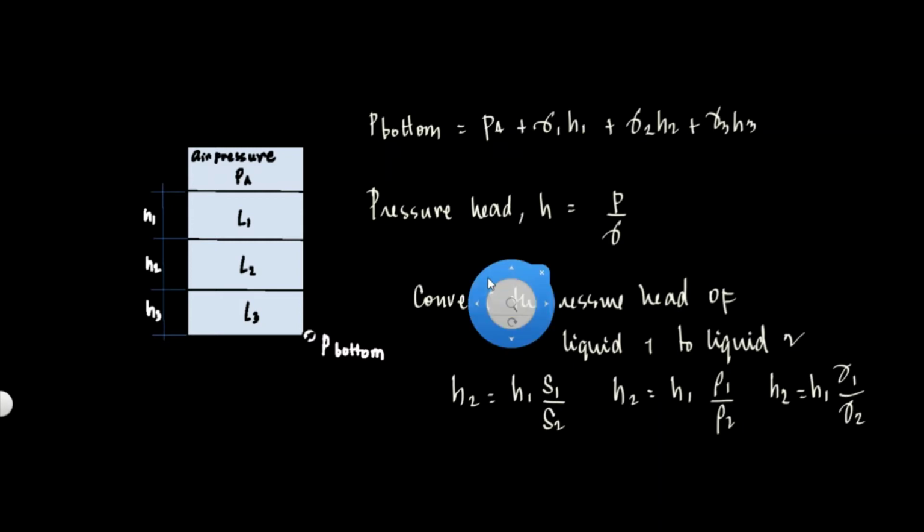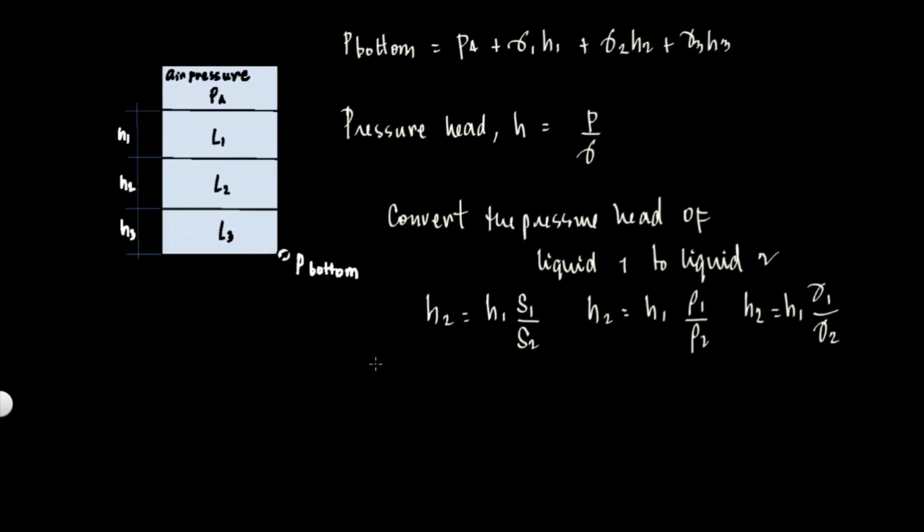Okay? So, it's easy. Now, to convert the pressure head of any liquid to water, just simply multiply the height of that liquid times its specific gravity.